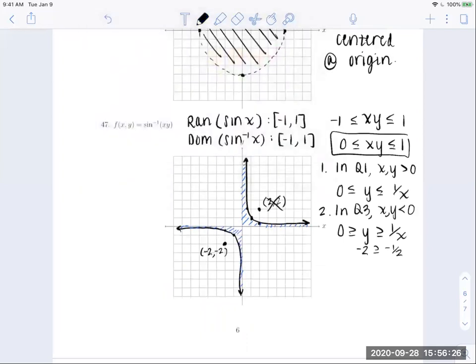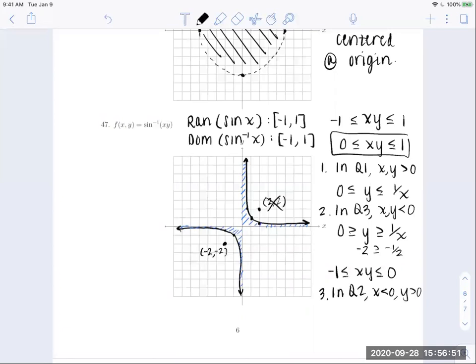So now I'm going to look at the other inequality, which is -1 is less than or equal to xy is less than or equal to 0. We are now assuming that the product of these two numbers, x and y, is negative. So we're either in quadrant 2 or quadrant 4. In quadrant 2, x is negative and y is positive.